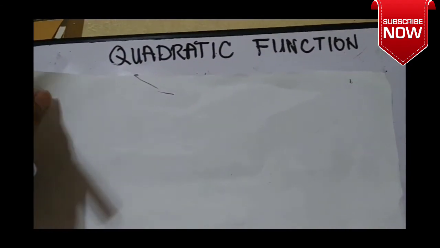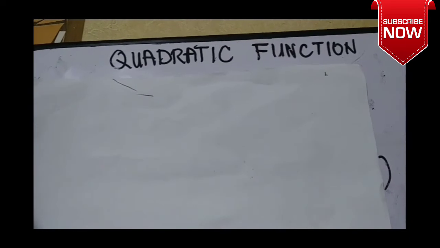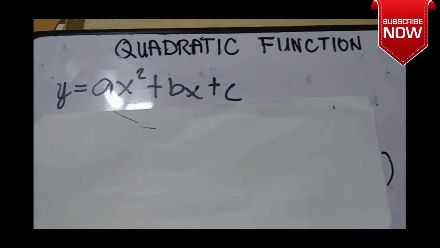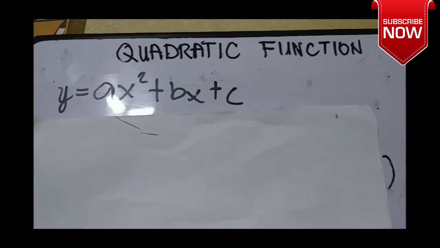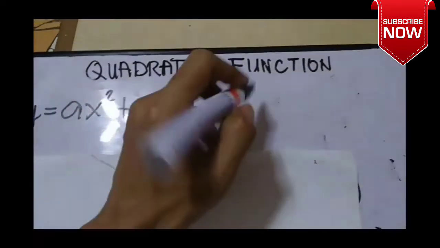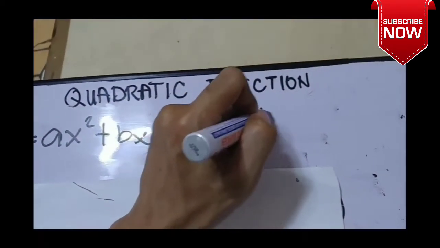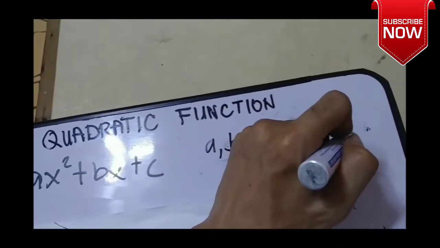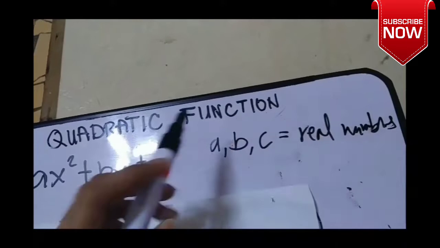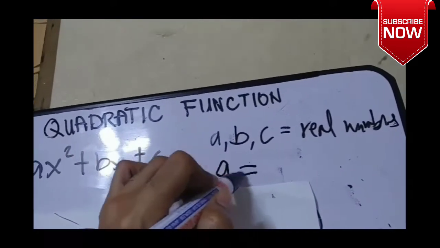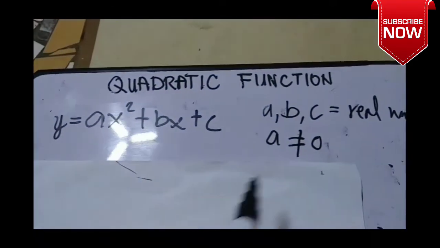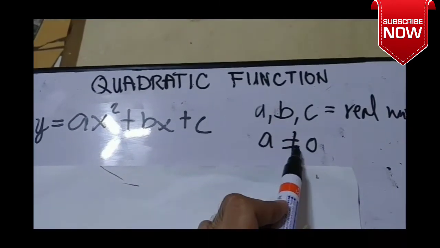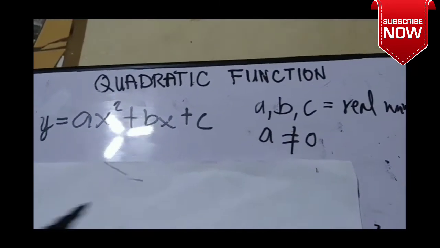By the definition in the book, quadratic function is a second-degree function of the form y is equal to ax squared plus bx plus c, where a, b, and c are real numbers and a is not equal to 0. So later on, i-discuss ko kung bakit ang value ng a ay hindi kailanman pwede maging 0.